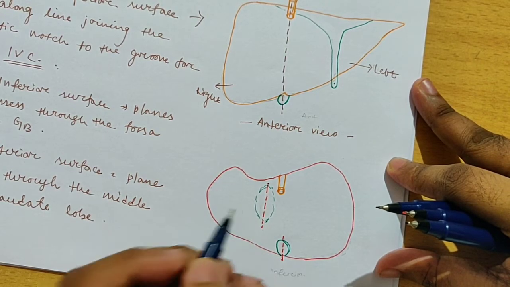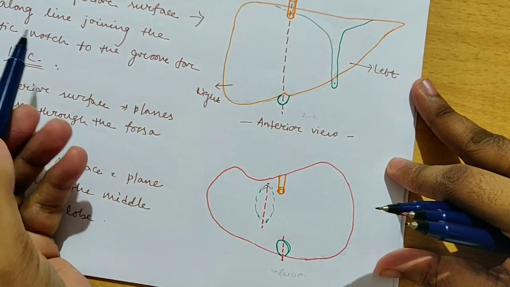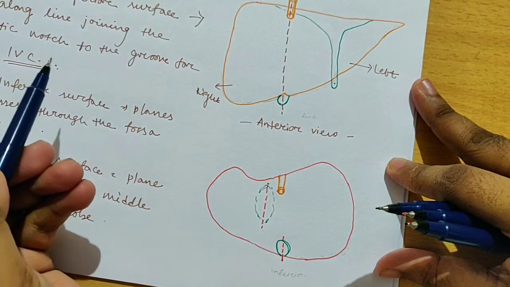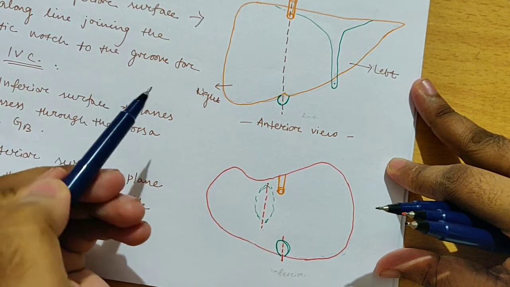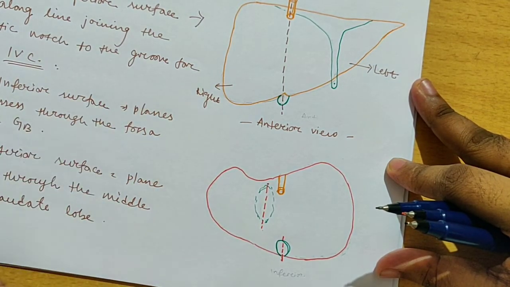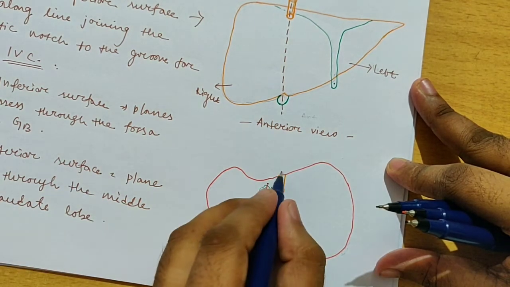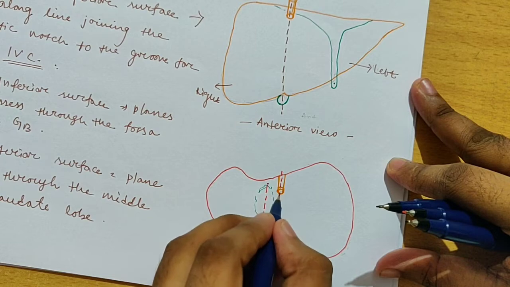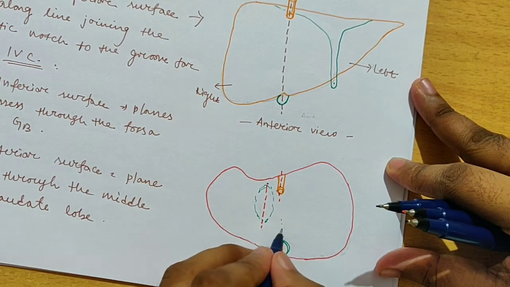And from the first statement, the line joining the cystic notch to the groove for inferior vena cava is somewhere here.